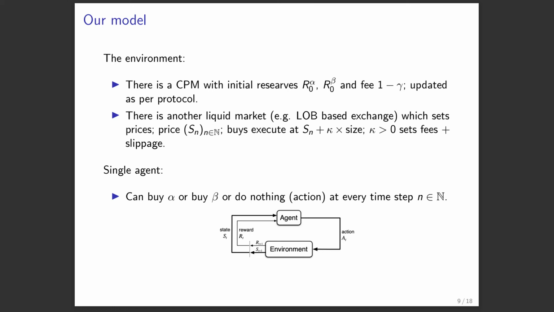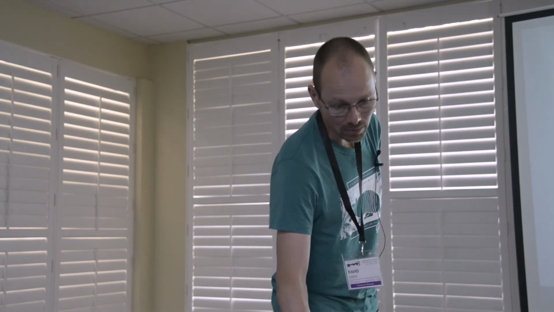It could be another pool, and there are effectively two agents in our model: the LP, who just puts the money into the pool and then leaves it there, doesn't do anything. So you don't even have to think of them as an agent, because they're not taking any actions. And then there is the other agent, the arbitrageur, which trades on the liquid exchange, trades against your pool, and tries to make a profit.